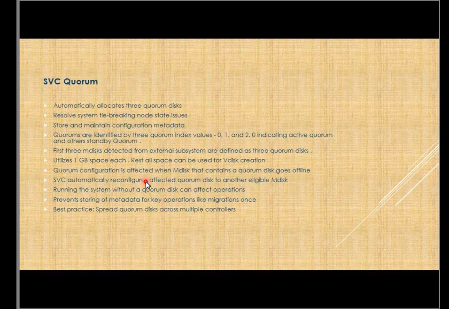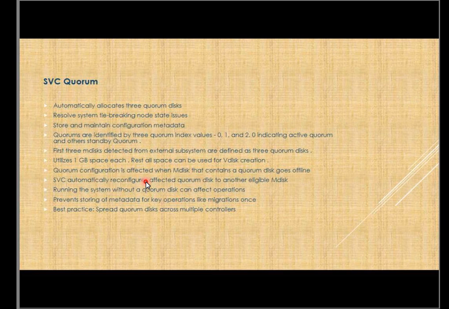Now this SVC stretch cluster, as mentioned earlier, is not an everyday scenario and is not to be taken lightly, because you are taking each and every node of a cluster and geographically separating them. This introduces single points of failure within each geographical location.